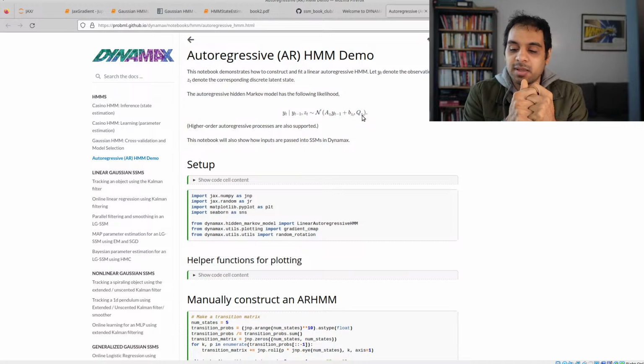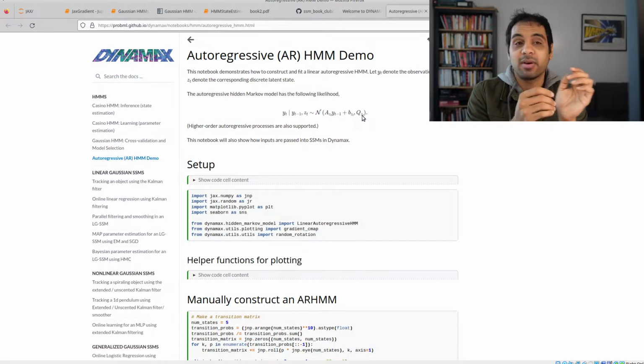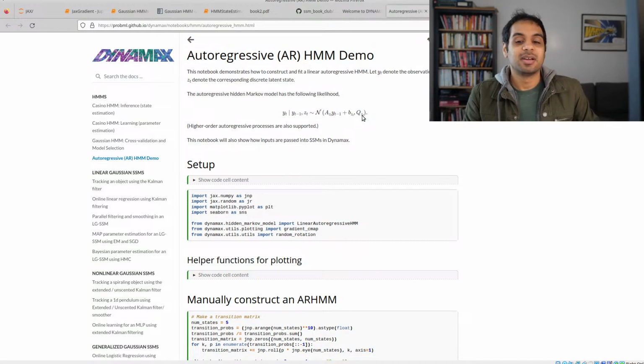State space models, because they're so flexible, end up being a different representation for a bunch of different models. Put another way, a state space model is actually just a bunch of different models. It can also be a time series forecasting model.